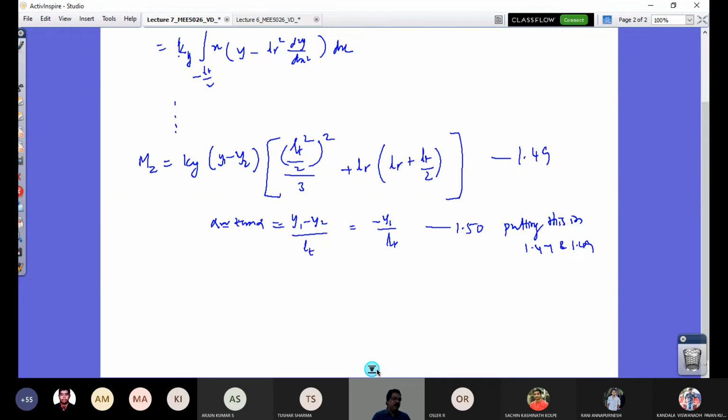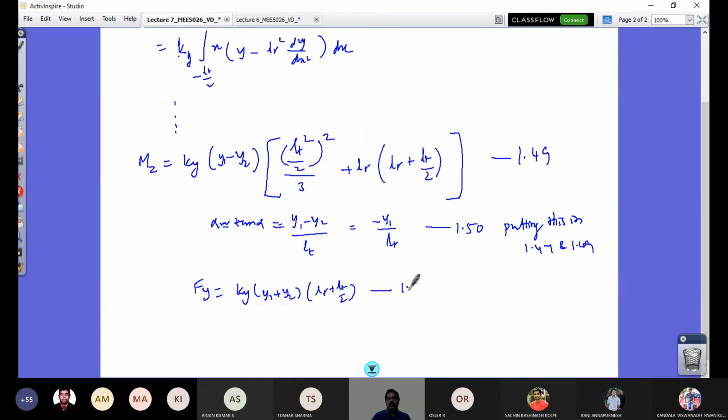So what is my expression now going to be? Take Fy. So Fy would be, as derived, ky into (y1 plus y2) into (Lr plus Lt by 2). This is what we have got.